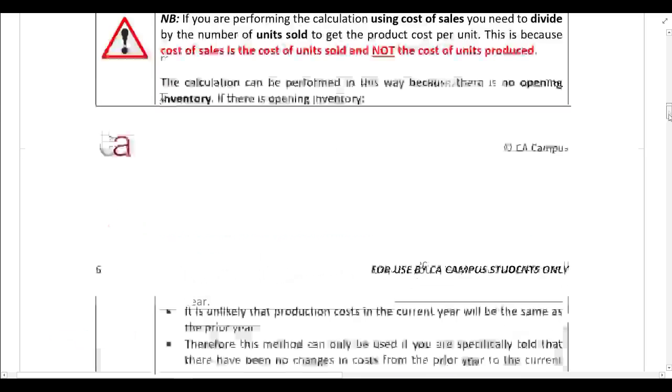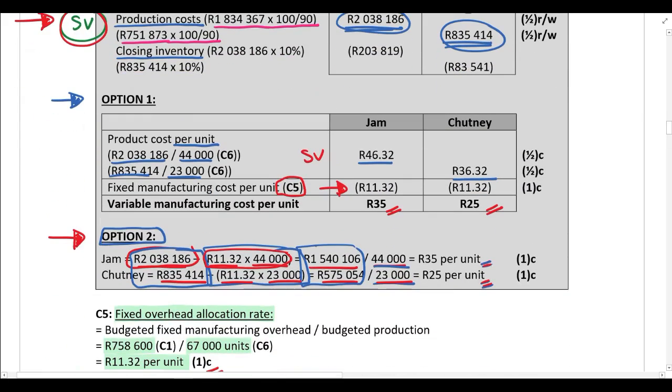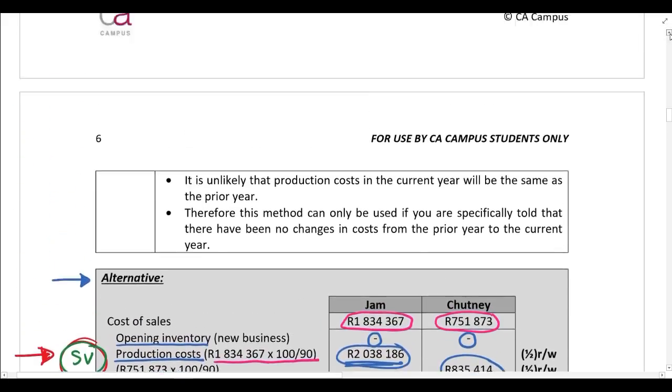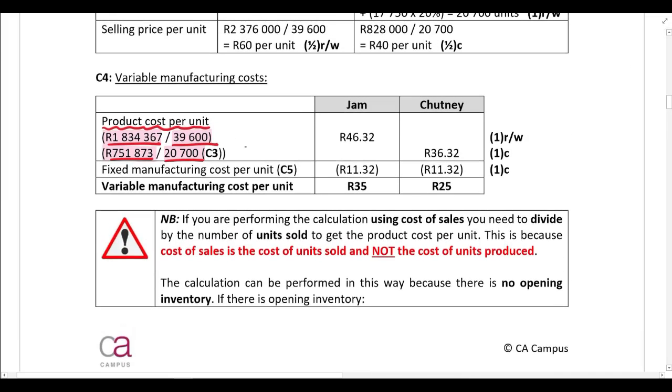The only time that you can divide by budgeted production is if you use product costs in your calculation. If you use the production cost, then you divide by budgeted production to get the product cost per unit. But if you are using cost of sales instead of production costs, you then need to divide by budgeted sales in order to get the product cost per unit.